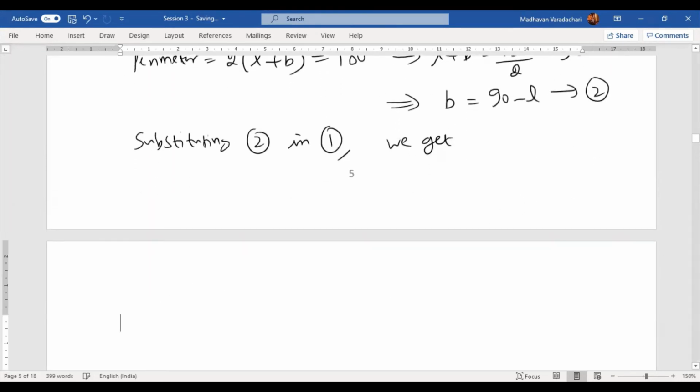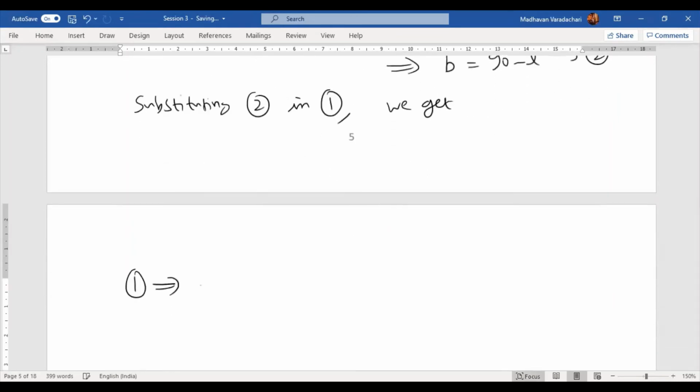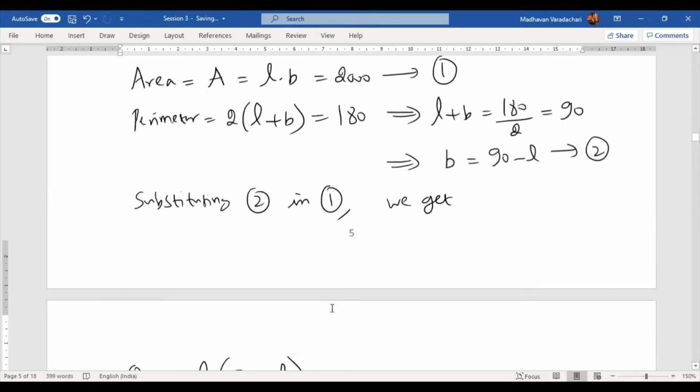So from the equation 1, what is that we have? L into B is 2000. Instead of B, I'm going to substitute it as 90 minus L, is equal to 2000.